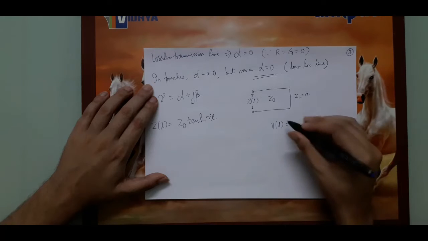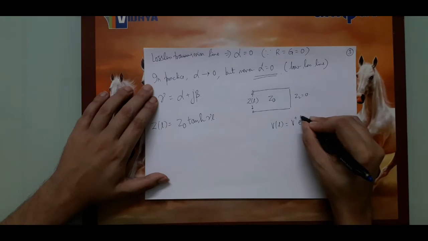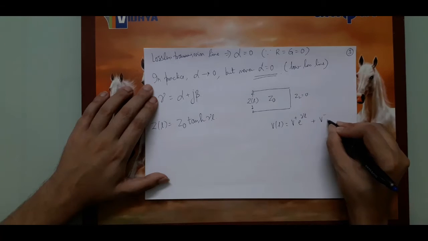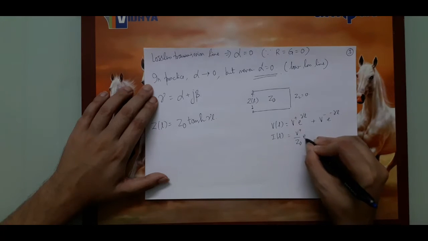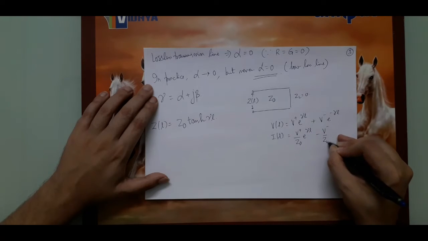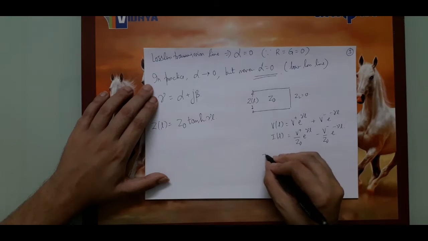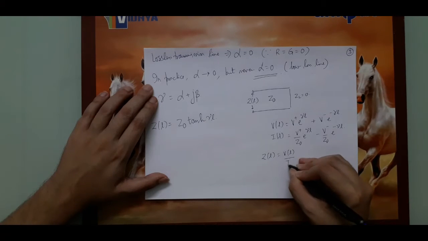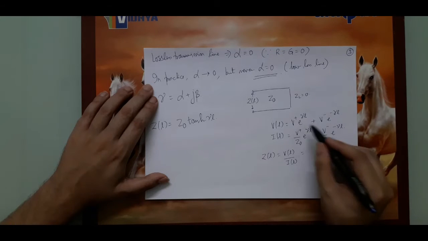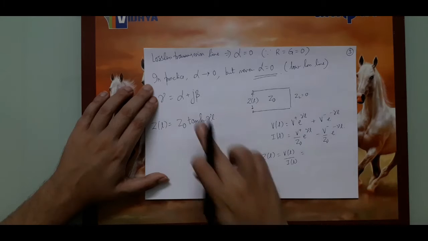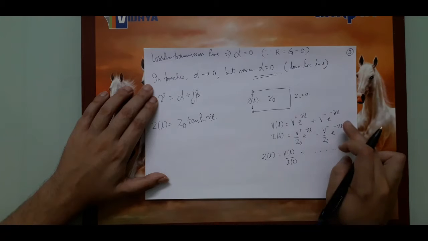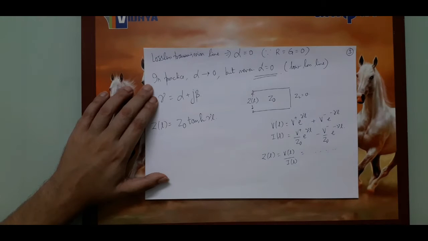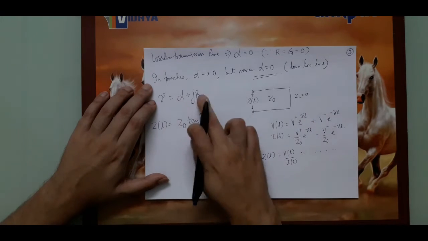In general, you know that VL is nothing but V plus e raised to gamma L plus V minus e raised to minus gamma L. And I of L is V plus by Z0 e raised to gamma L minus V minus by Z0 e raised to minus gamma L. So therefore, in general, Z of L is nothing but V of L by I of L. What you can see over here is these two terms will essentially form a tanh. So I leave it to you as an exercise, in the manner in which we have proved the impedance transformation relation, but using j beta L, you have to prove for gamma, where gamma is alpha plus j beta.